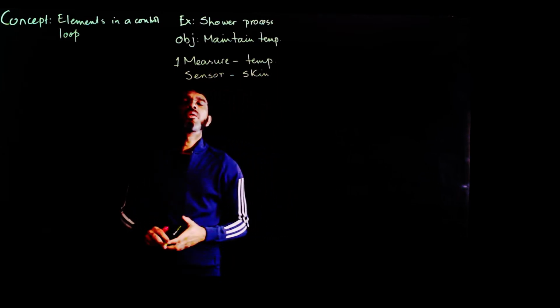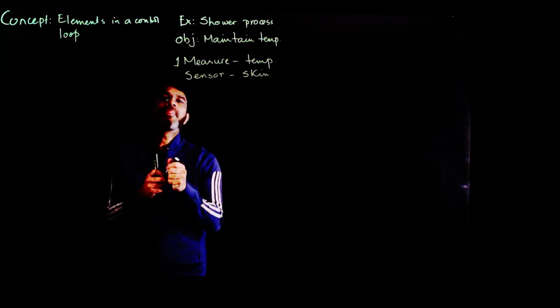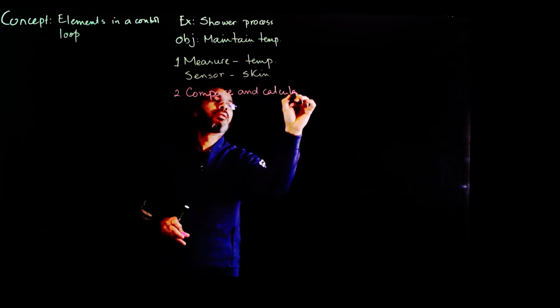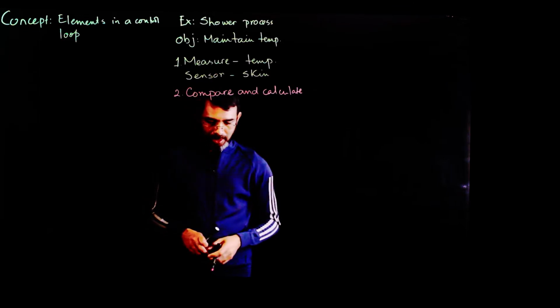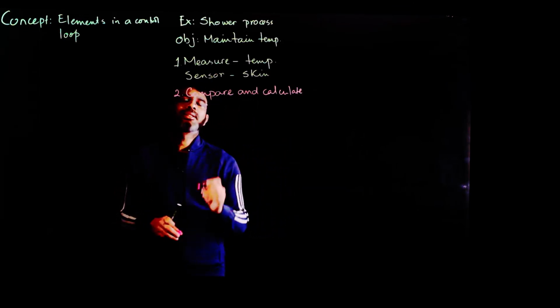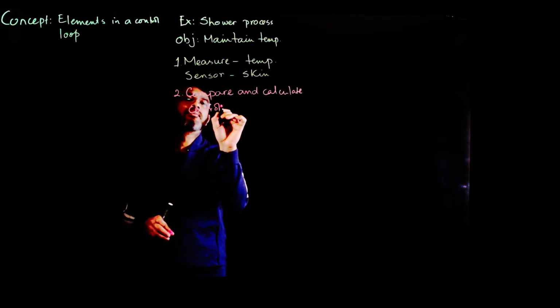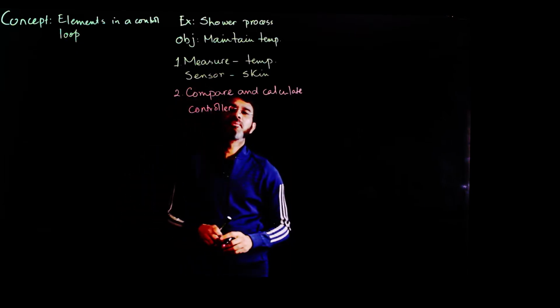And second, we need to compare it with the desired value, so the second step was to compare and calculate. In regular process control literature, that's what is called the controller. So, what's the controller for the shower process?